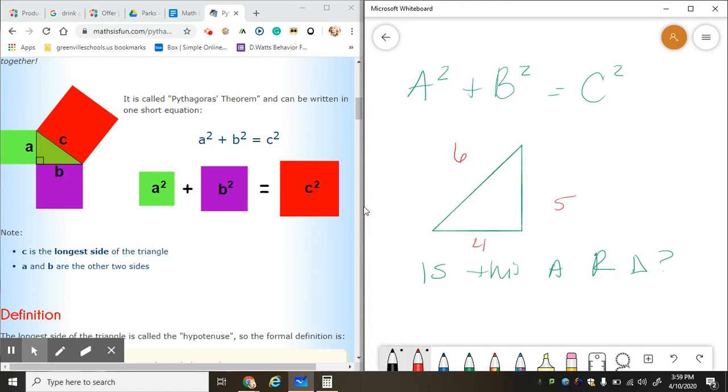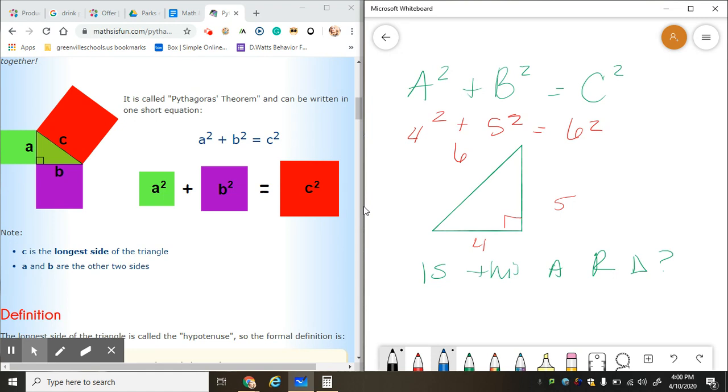You can try to figure this out by actually just plugging the numbers in. So this one right here looks like the right part of the triangle. So let's plug in 4 squared plus 5 squared equals 6 squared, and see if 4 squared plus 5 squared is equal to 6 squared.